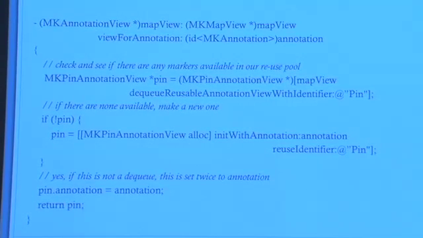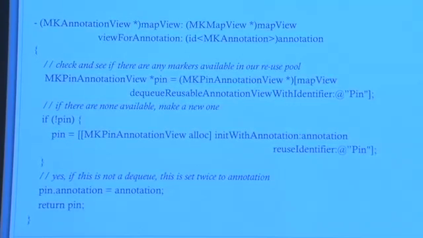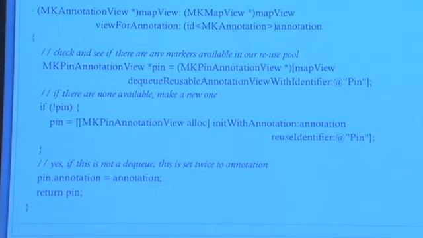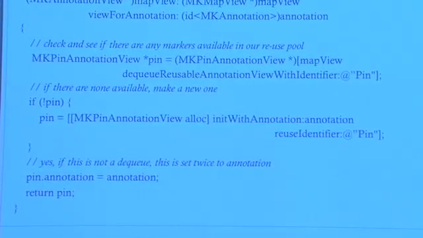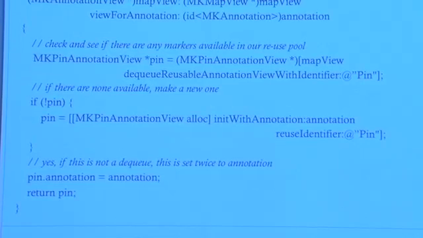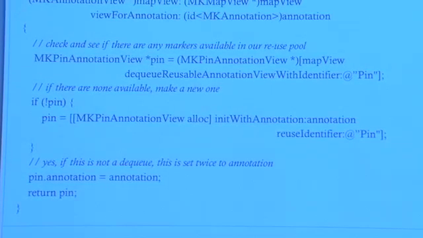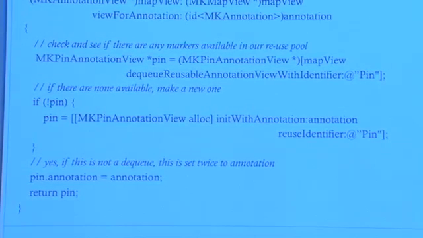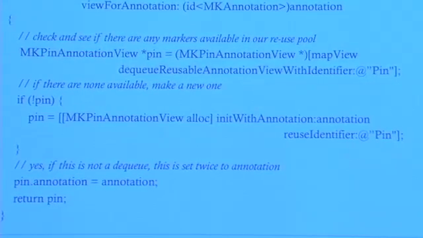When you're allocating a new pin, you don't actually set this in the storyboard like you did with the table view. And then after you've got the pin, then you would set the pin annotation to be your annotation. And notice that this does happen twice if it's not a dequeue. So if you're making a new pin, then you're going to be initing it with an annotation, and then you're setting the annotation again, which isn't a big deal. And then you return the pin.